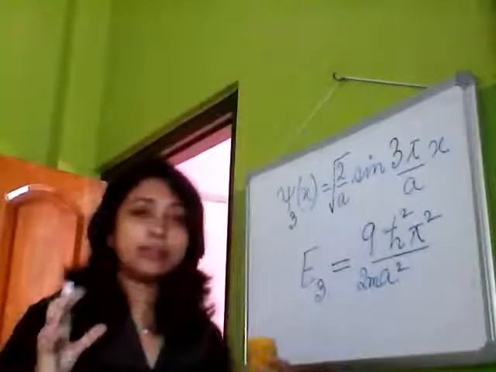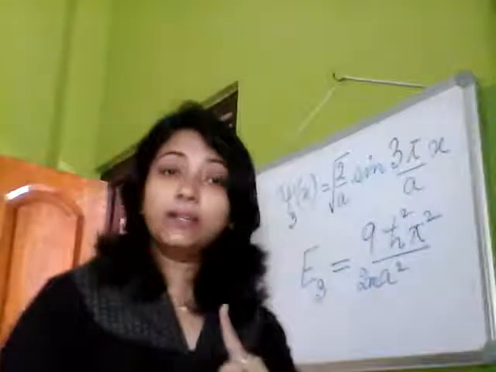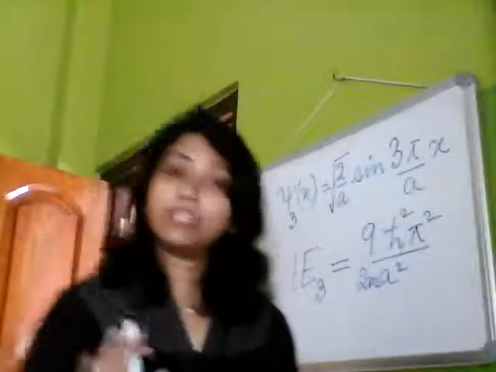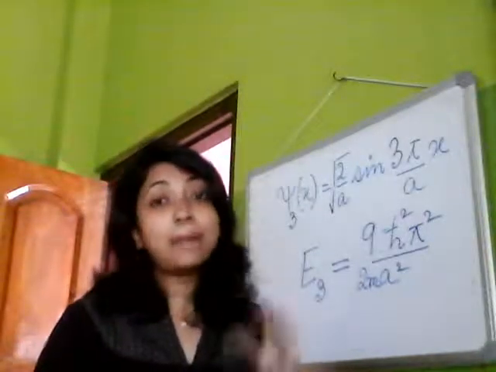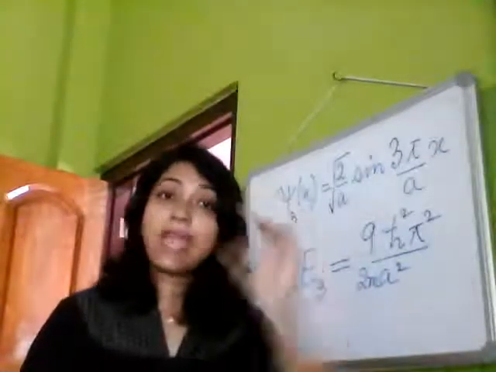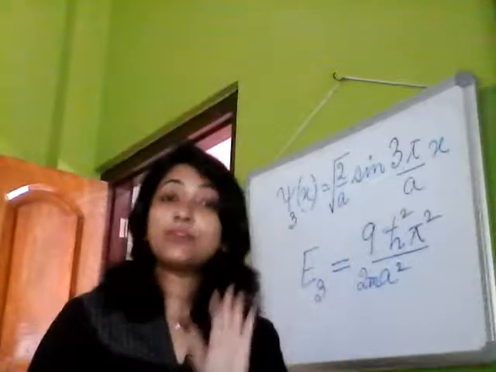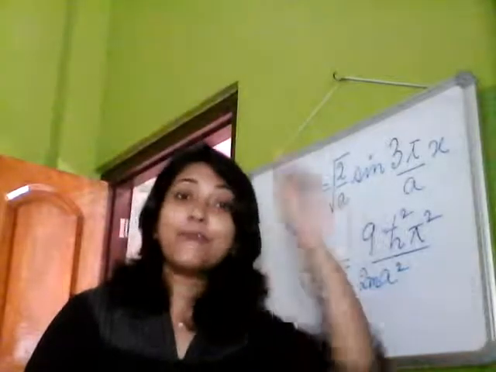So let us try to understand the significance of this. There is one particle which is confined within the potential well that we have defined. However, this same particle can have different energy values, and corresponding to each of those energy values, its wave function will be different from one another.